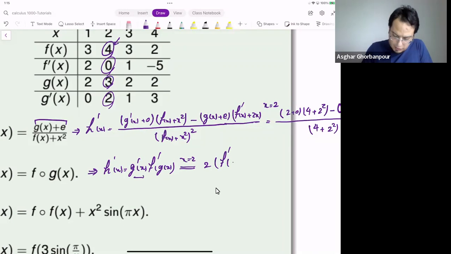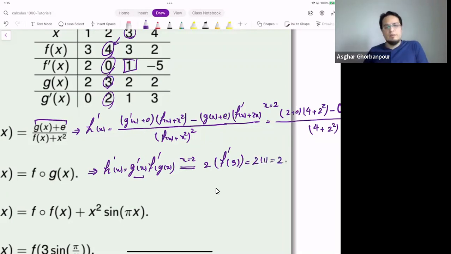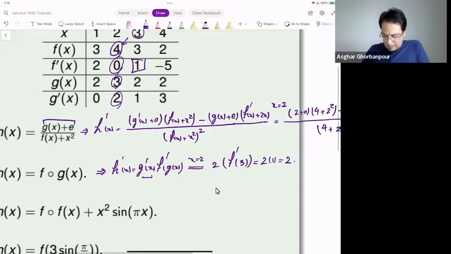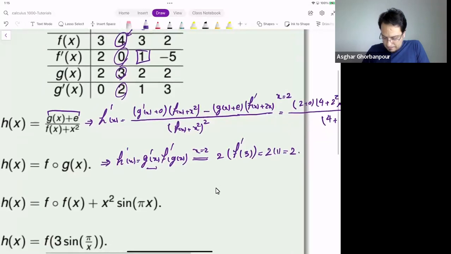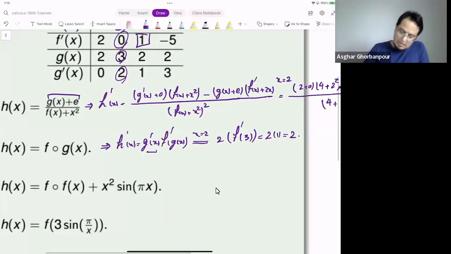But g at 2 is 3. Now, f prime at 3 is 1. So 2 times 1. So we have that one ready.